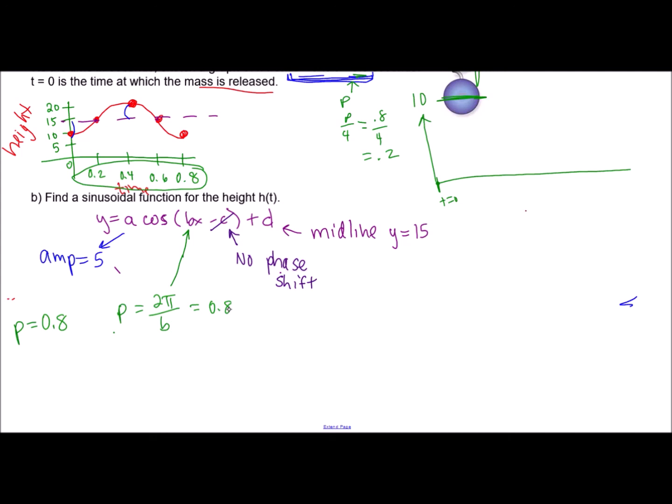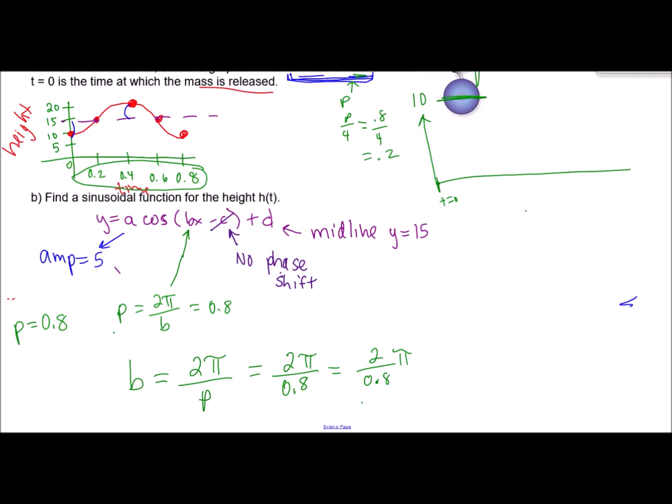But here's the coolest thing. In this formula, the b and the period are interchangeable. You can literally switch p and b and it will be the same type of formula. So I don't need to solve anything. I would just take 2 pi divided by 0.8. Now I would take the 2 divided by 0.8 and then put pi on the answer.